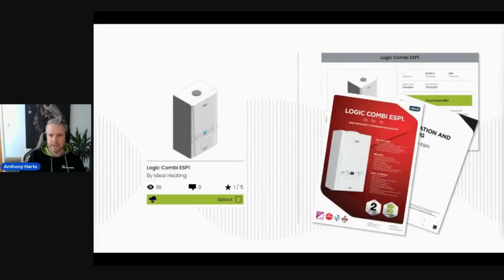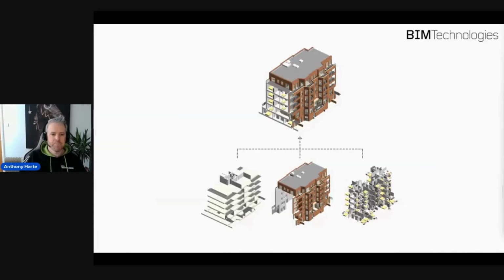And with that, you may get all of the facilities information as well. You might get the O&M packs of information all readily available, already embedded in as links into those files.